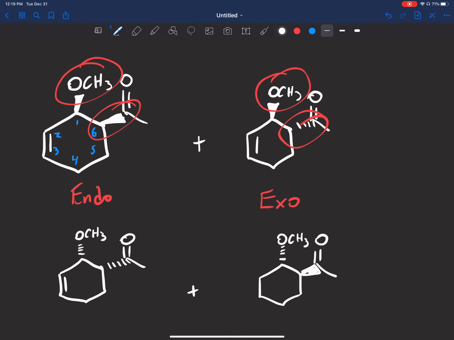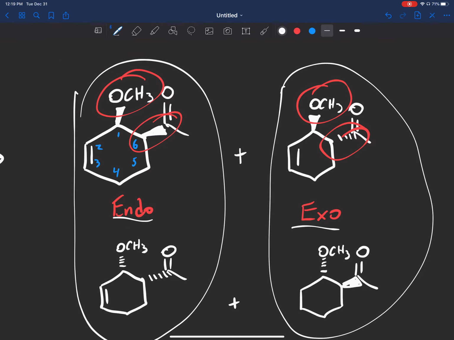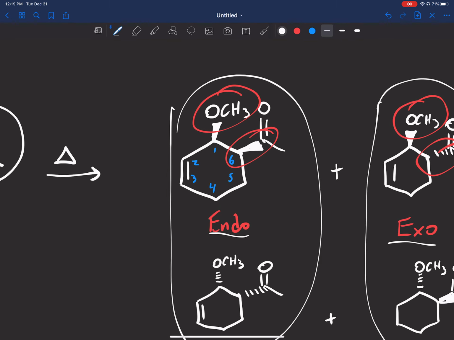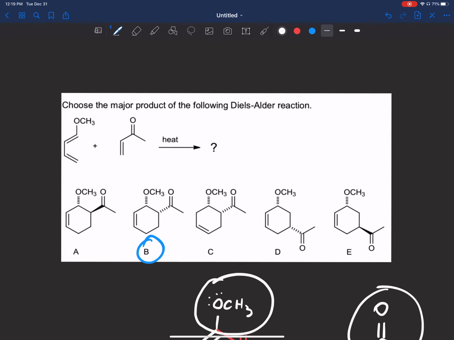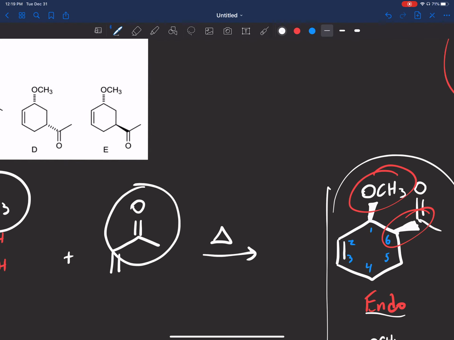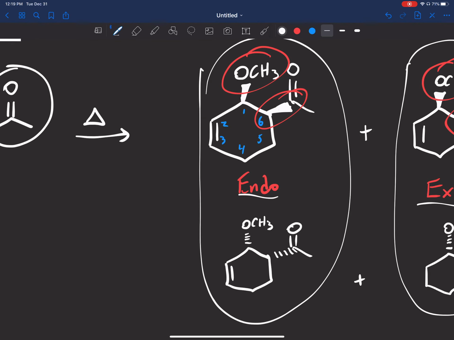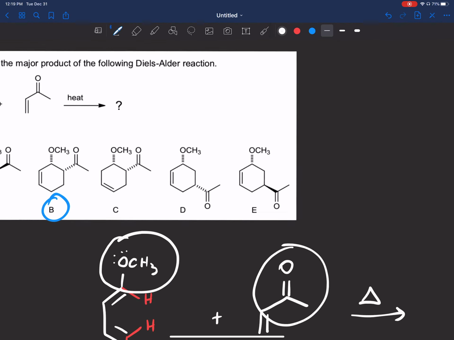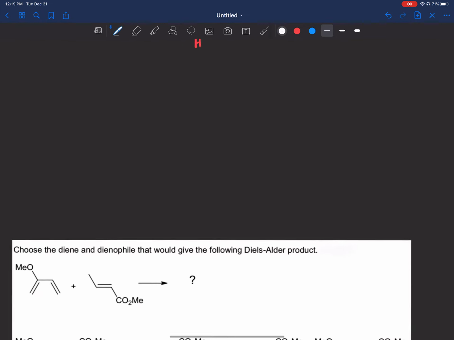So you see we have our endo, exo, plus the two enantiomers, and then the endo has two enantiomers, and the exo has two enantiomers. So you see that I drew this wedged enantiomer. They didn't have that. But all you need to do is know, oh, okay, so the other enantiomer is just all the chiral centers flipped. So that means instead of all wedged, it's going to be all dashed. So that's going to be B. Okay? So that's how we did that problem.